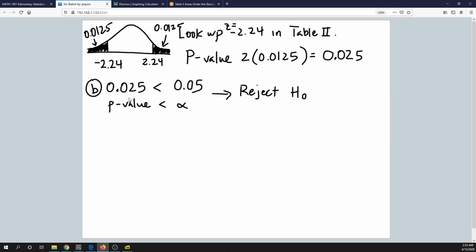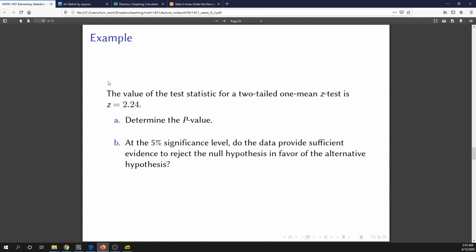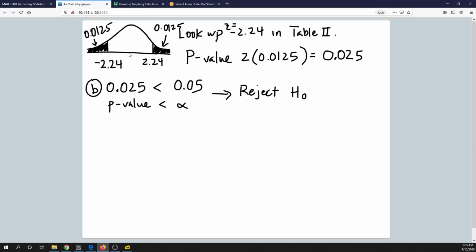All right, so in this case, just to reiterate, we didn't see the data or calculate the mean. They just gave us the z-score, which was 2.24. And so what that means is that the probability that we would get a sample that inconsistent or more inconsistent is 0.025, assuming that the null hypothesis is true.